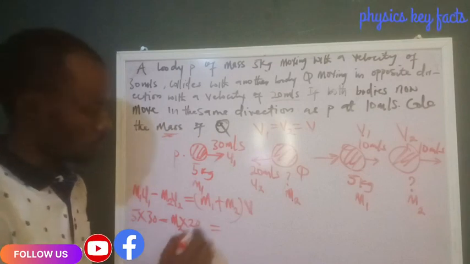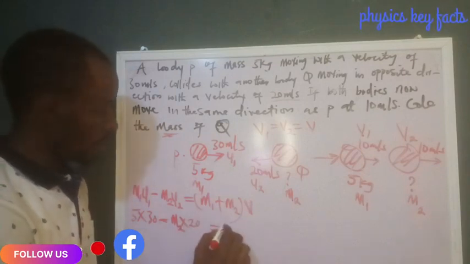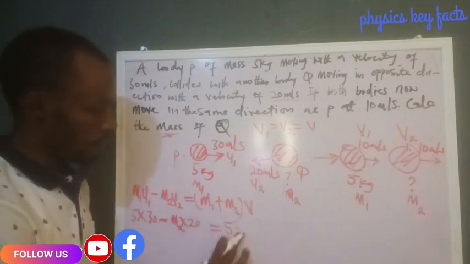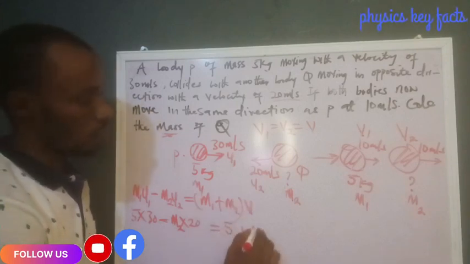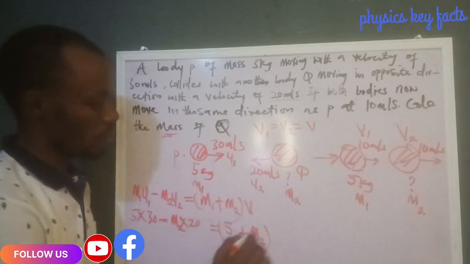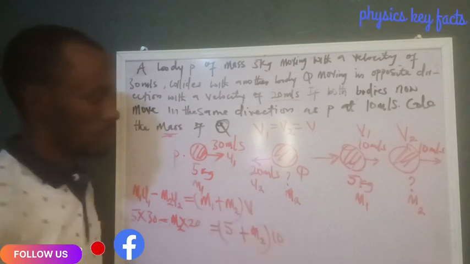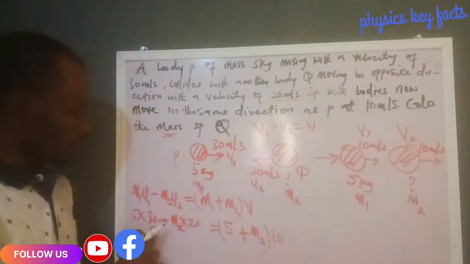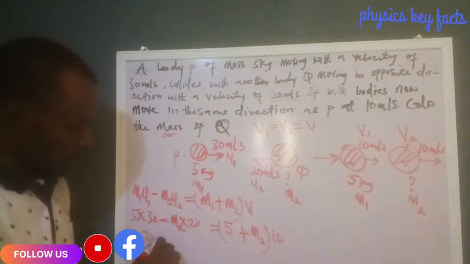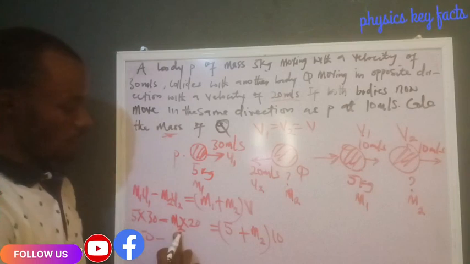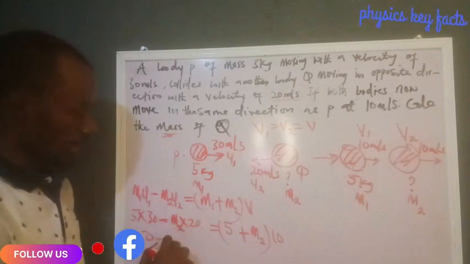It is equal to M1, 5, plus M2, unknown, so I still keep it as M2, times V. V is 10. So 5 multiplied by 30 is 150 minus M2 times 20, I can say 20 M2.